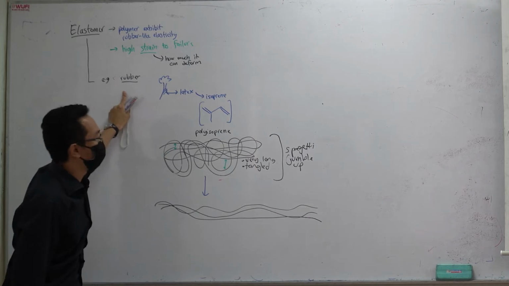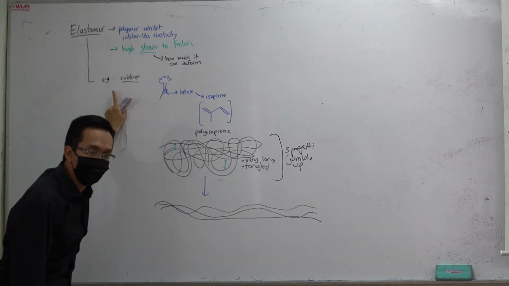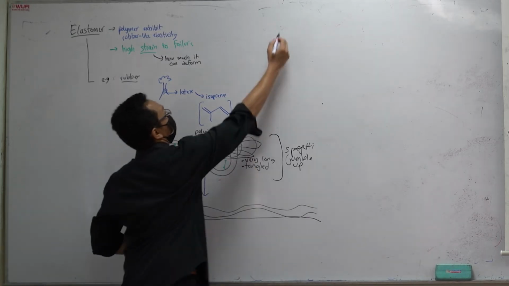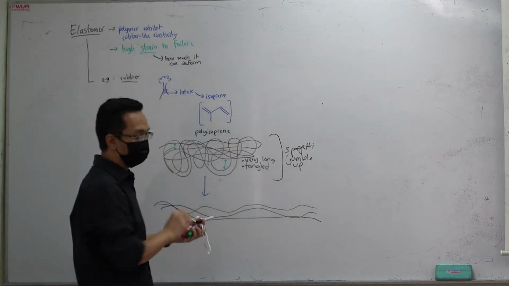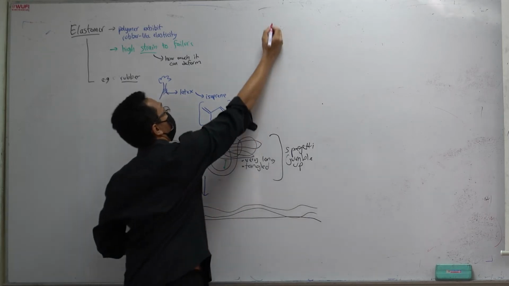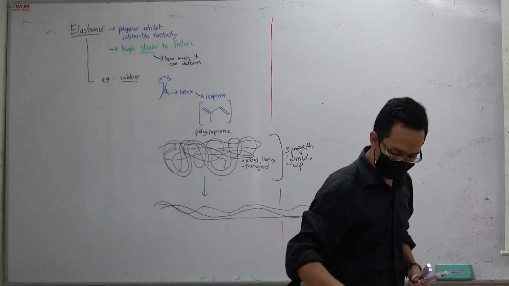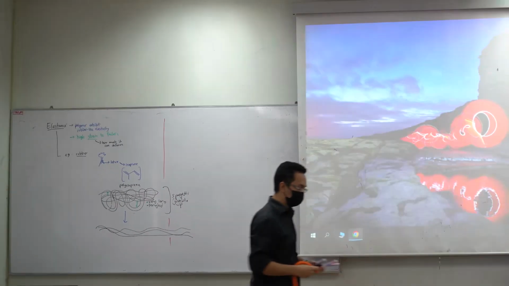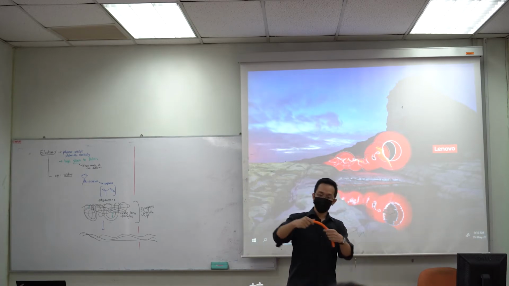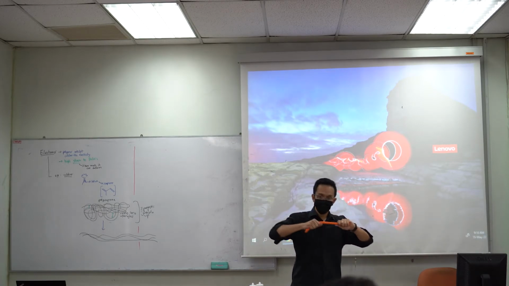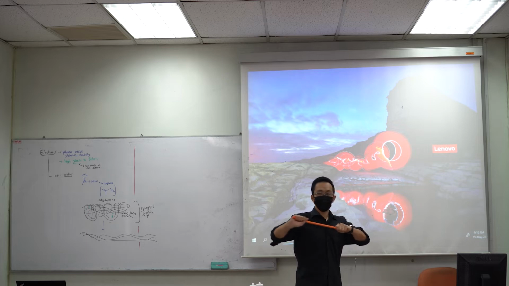Sometimes you see something that behaves like a rubber, but it is not a rubber. For example, this thing, even though it's stretchy, is not a rubber. This is silicone.